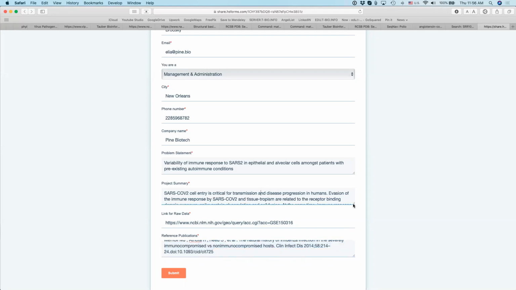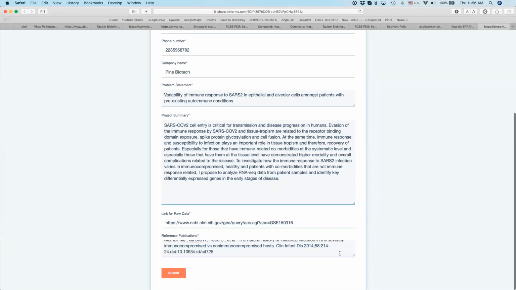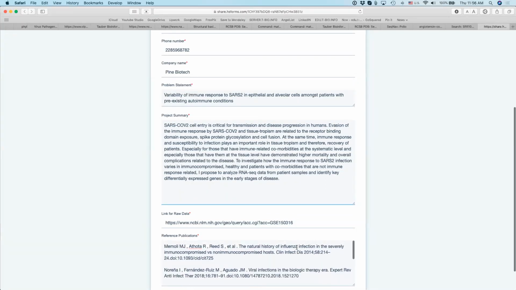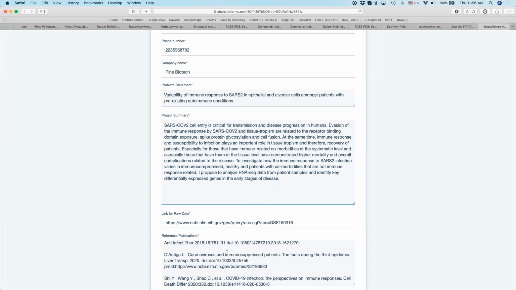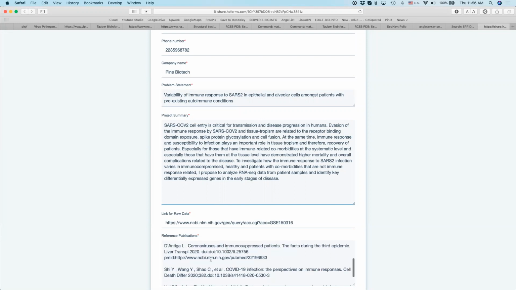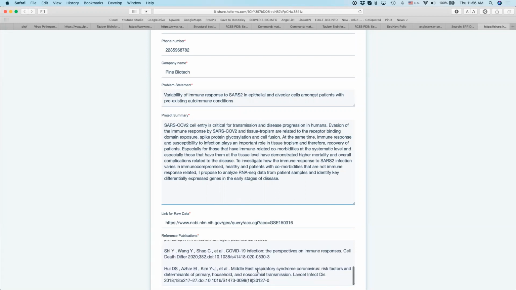As you can see in the example I was showing, an interesting question, maybe to me, was how immunocompromised patients, so patients on immunosuppression drugs or that have autoimmune diseases, respond to different viral infections, including COVID-19. I have some reference papers here, and they all have some patient data available.